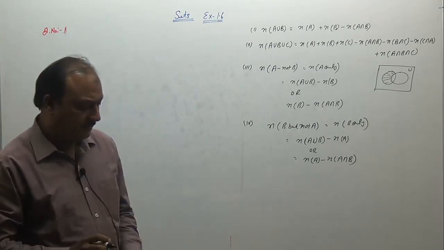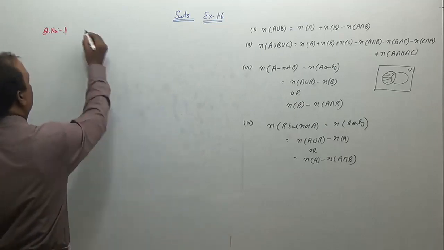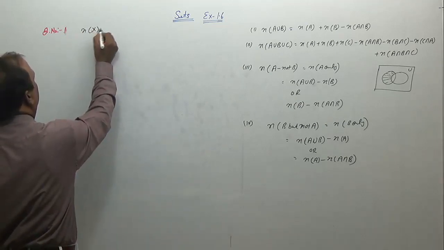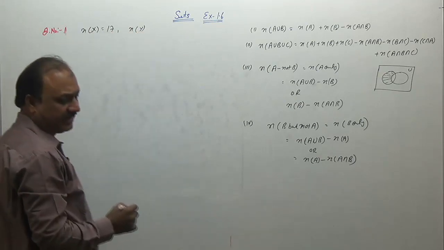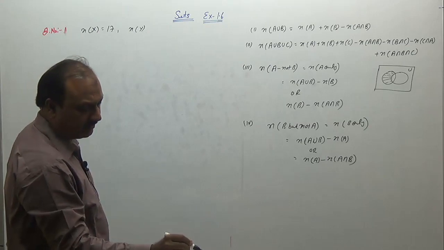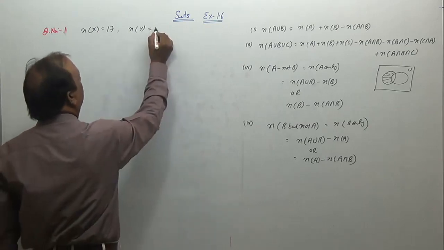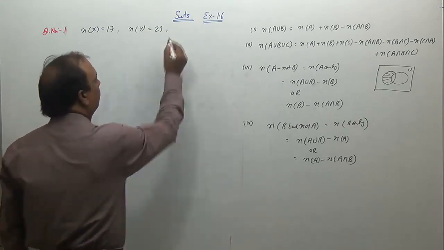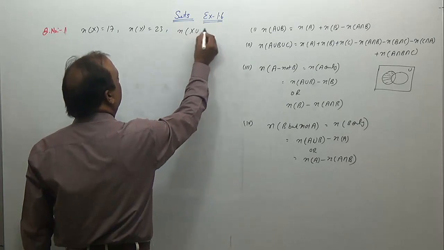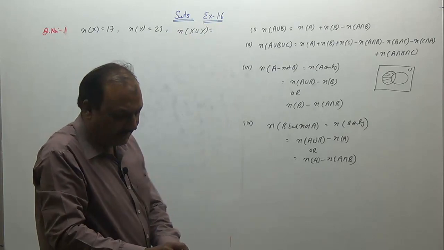X and Y are two sets such that the number of elements of X is 17, the number of elements in set Y is 23, and the number of elements of X union Y is 38.